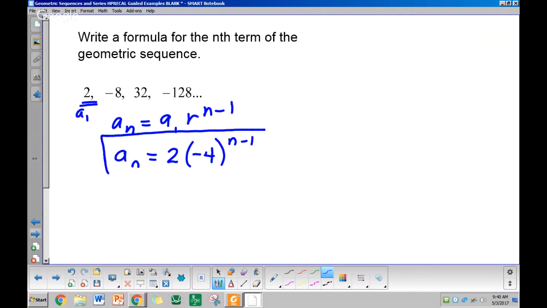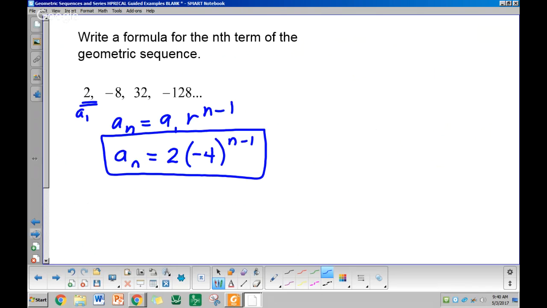And you're done. That's all there is to it. If I asked you for a sub 8, the term sitting in the 8 spot, you would just plug in 8 for n, and you'd have a very large negative number, because it would be 4 to the 7th. And this sequence is an alternating sequence, isn't it?